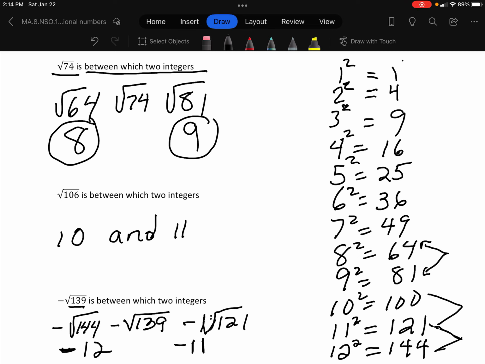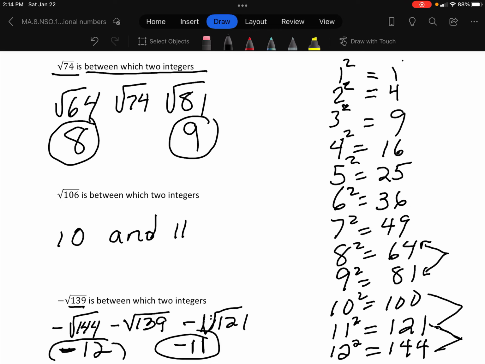Now remember, when we're looking at negative numbers, my numbers go back from 0: 0, negative 1, negative 2, negative 3, negative 4, negative 5, negative 6, negative 7, negative 8, negative 9, negative 10, negative 11, and then negative 12. That's why negative 12 goes first and then negative 11. So this number is between negative 12 and negative 11.